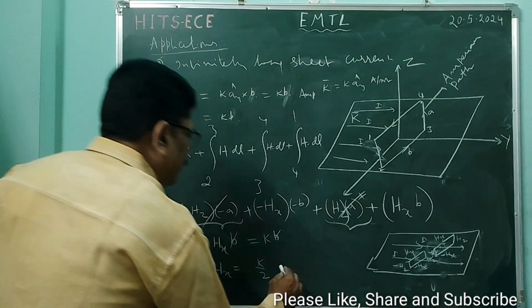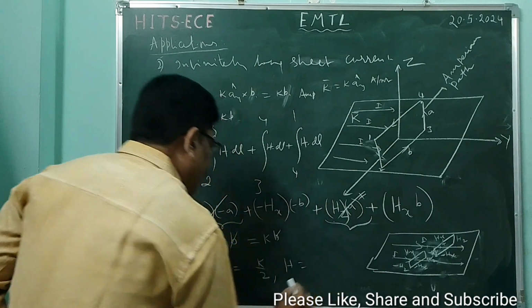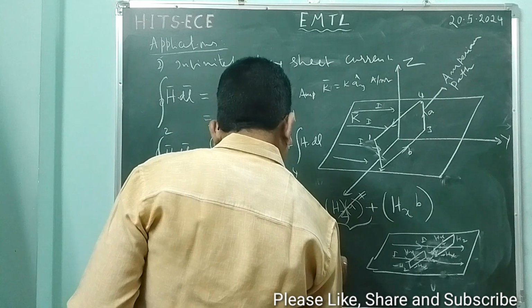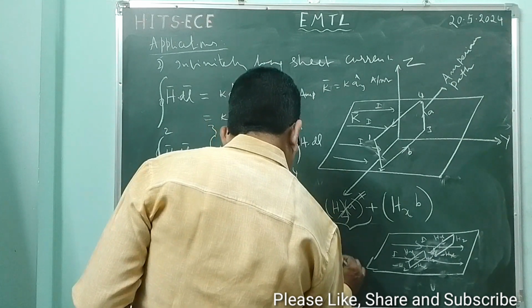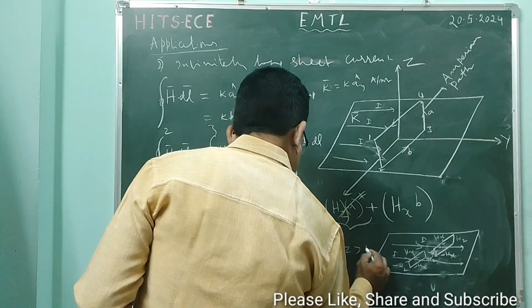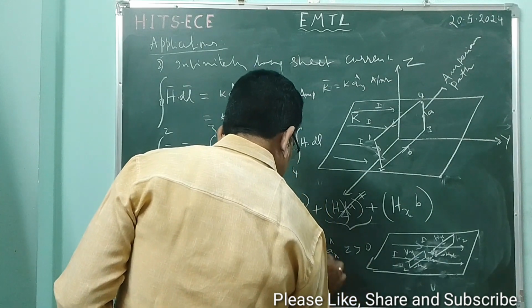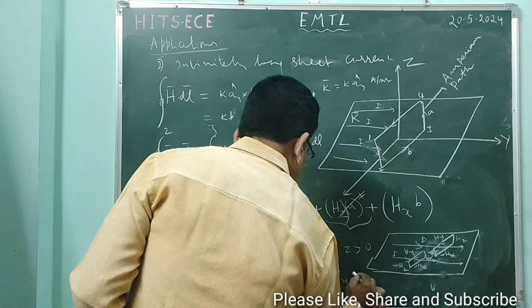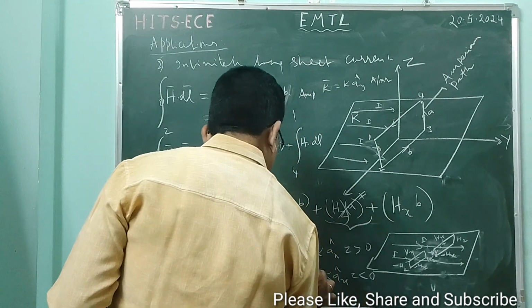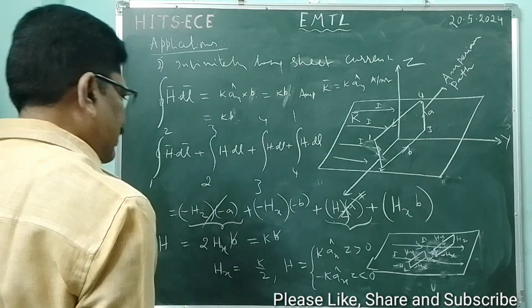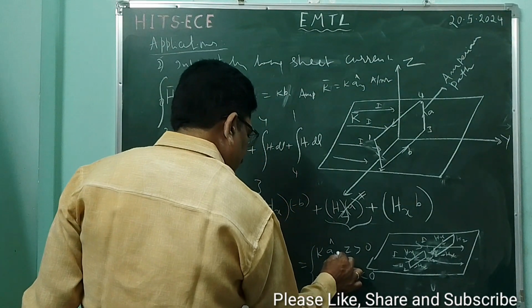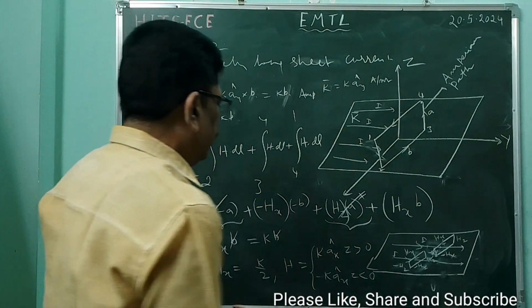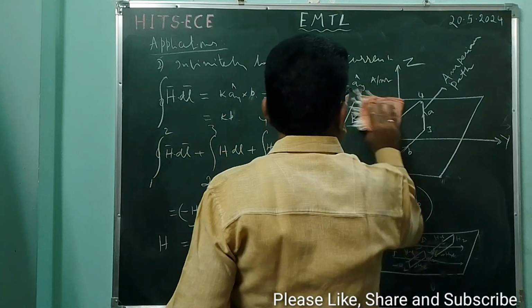When Z is positive, H is equal to K by 2 ax cap when Z is greater than 0, and it is equal to minus K by 2 ax cap when Z is less than 0.